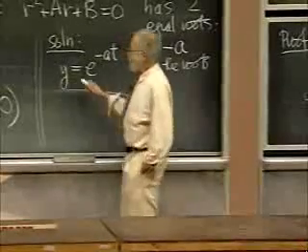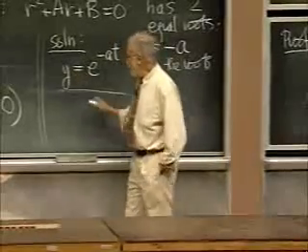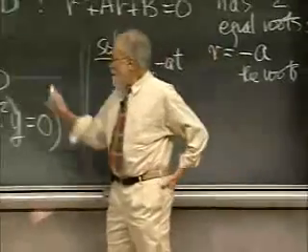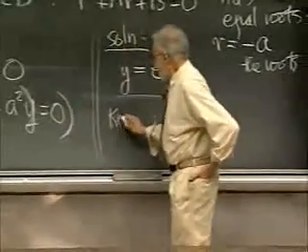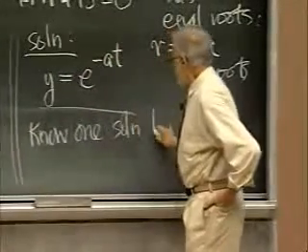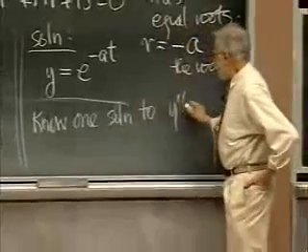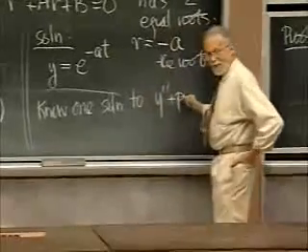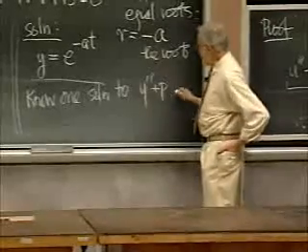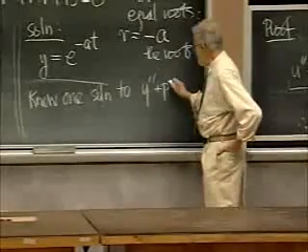But I'd like to introduce you to the way on the problem set, and it is this: if you know one solution to an equation which looks like a linear equation, y double prime plus p y prime plus q y equals 0. In fact, the p's can be functions of t. They don't have to be constant, so I'll use the book's notation, with p's and q's.